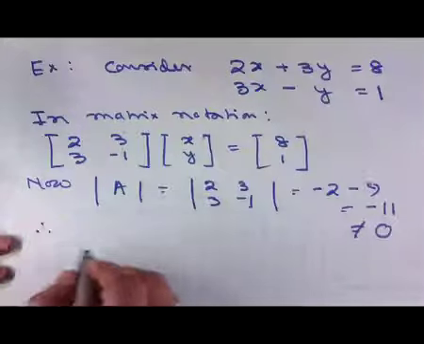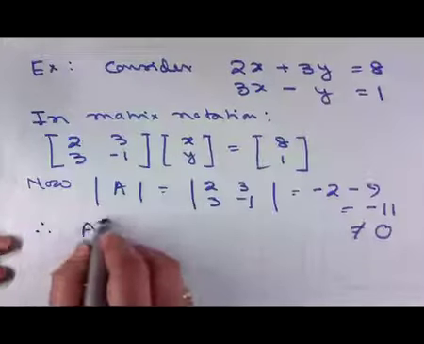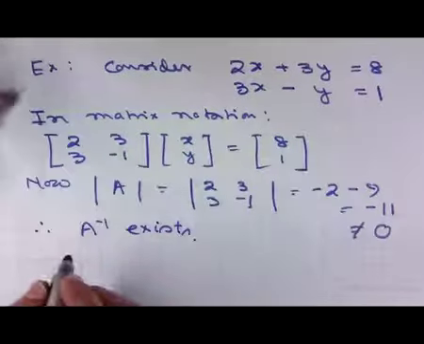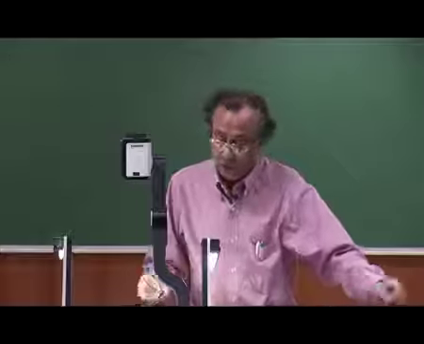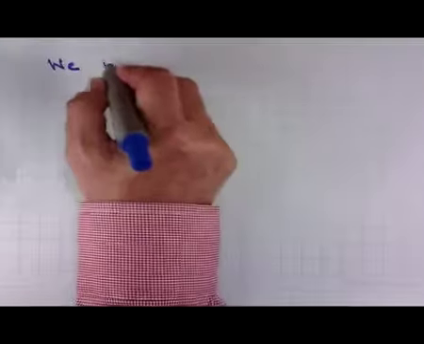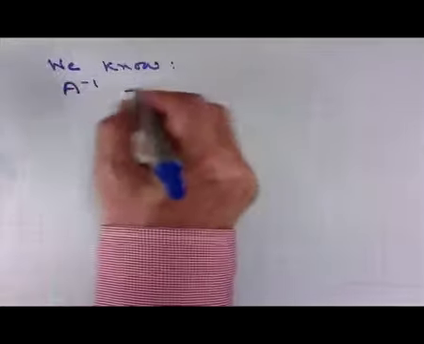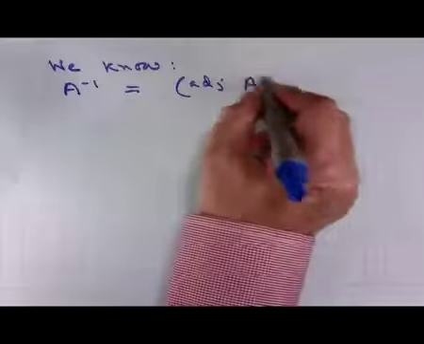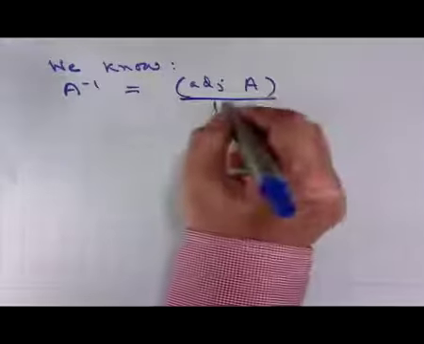Therefore, A inverse exists. How to compute A inverse? We know A inverse is equal to adjoint of A divided by determinant of A.